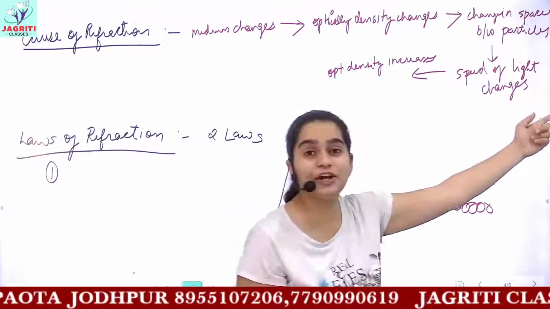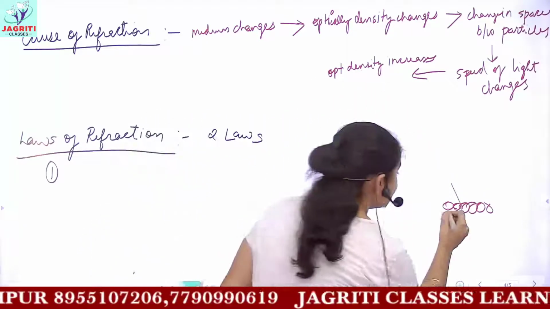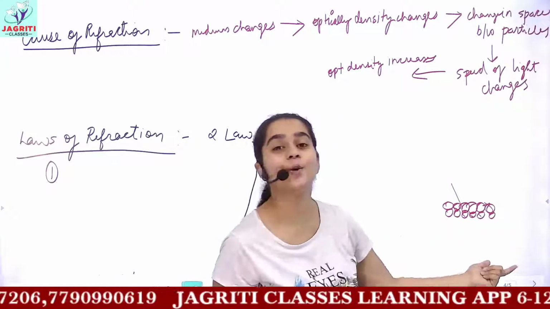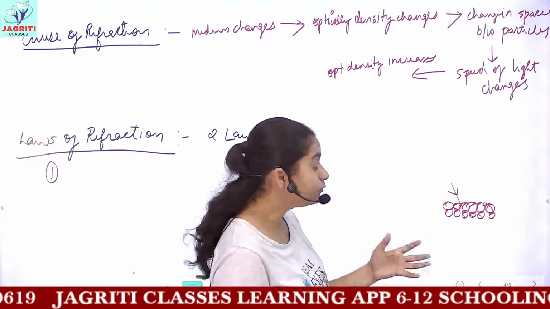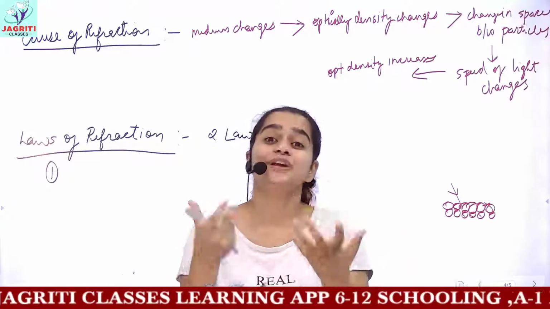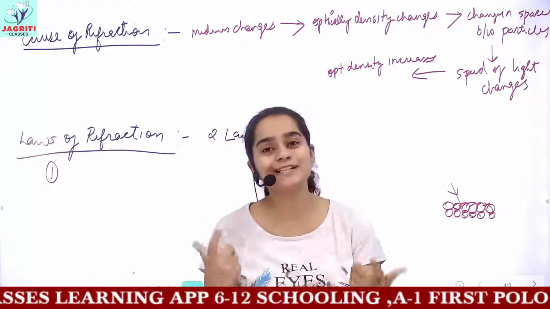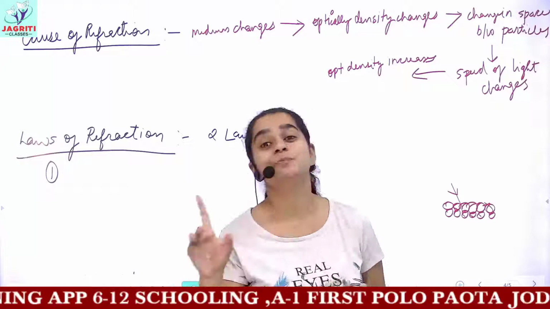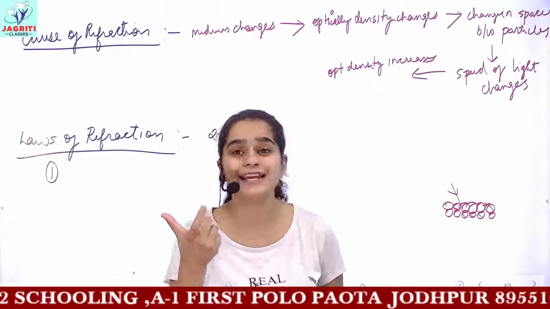One is the speed of light would change, and when the optical density increases, the light ray coming in would take more time to travel through this medium. And if it is taking more time, it means this light ray is traveling with less speed. Because if more time is being taken, its speed is very slow.